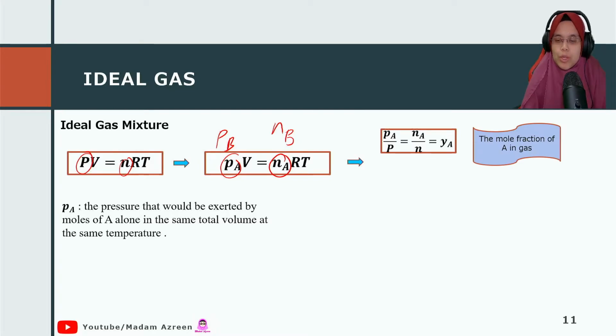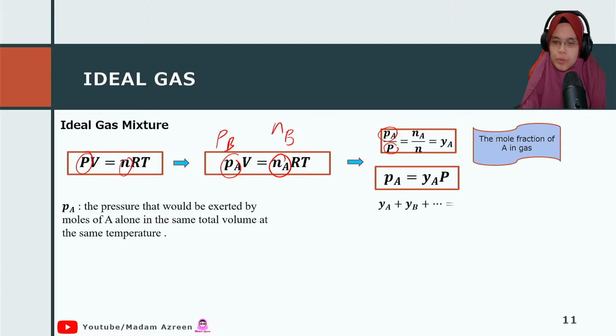Okay? When you divide the partial pressure by the total pressure, it will be equal to YA, which is the mole fraction of a gas. And we have this equation whereby the sum of all the mole fractions is equal to 1.